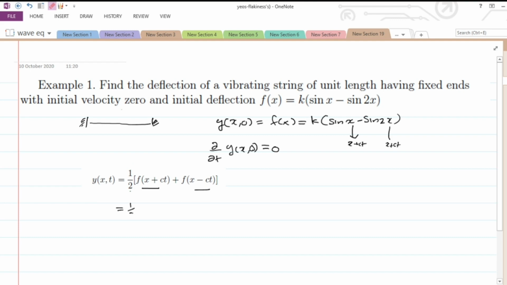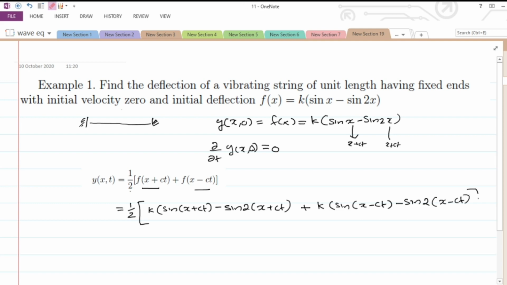That is 1 by 2 into, we take k into (sin of x plus ct minus sin 2 into (x plus ct)), plus k into (sin of x minus ct minus sin 2 into (x minus ct)).